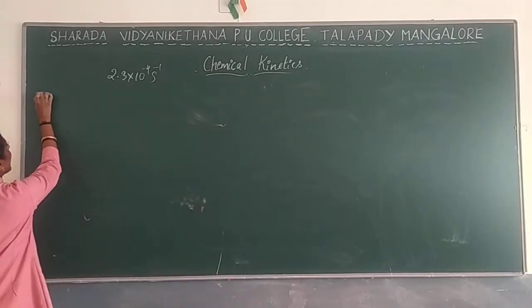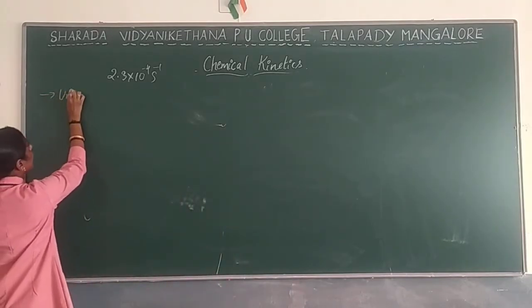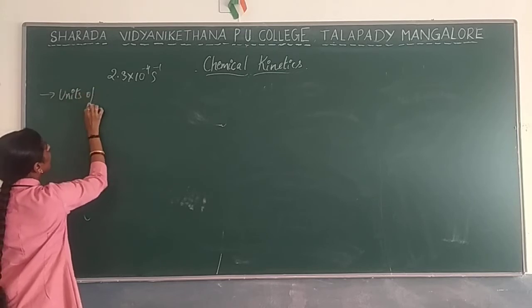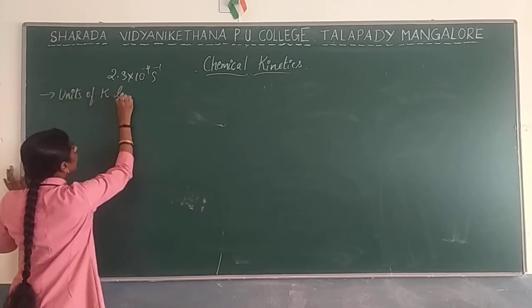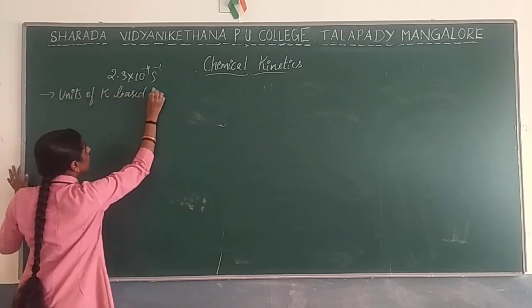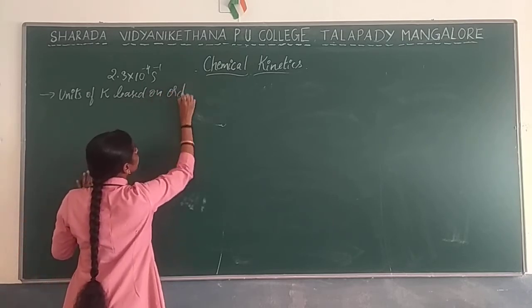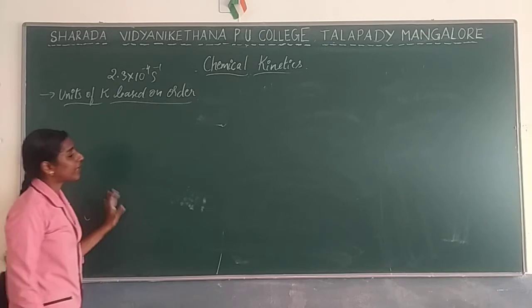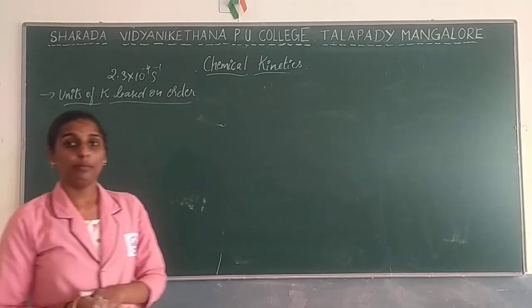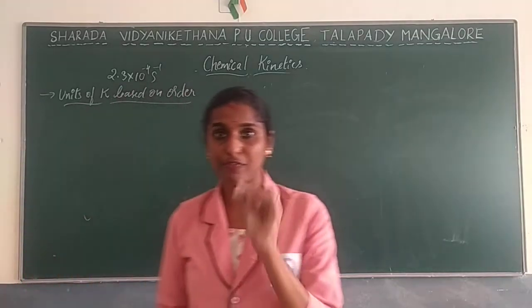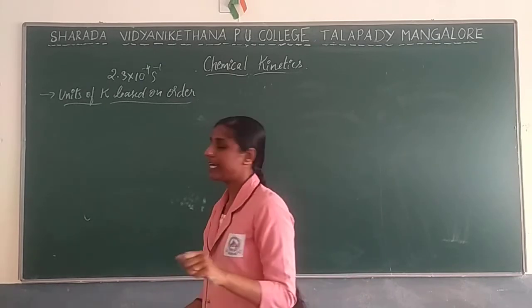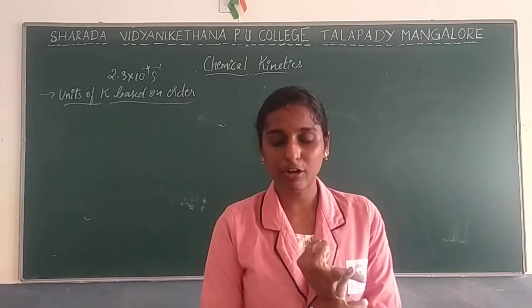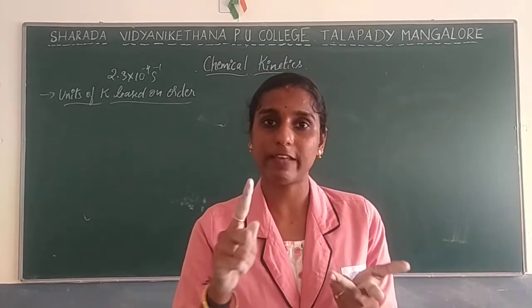So for that reason, what we are learning next is the units of K. Write it as units of K based on order. Based on the order of the reaction, we are going to find it. You will get to know what the unit is for first order, second order, as well as zero order.